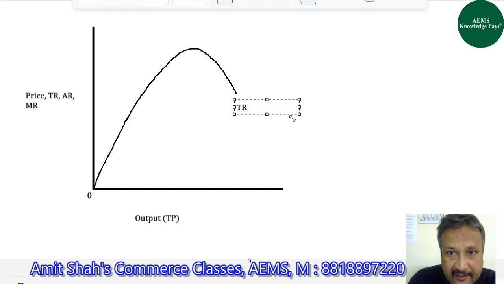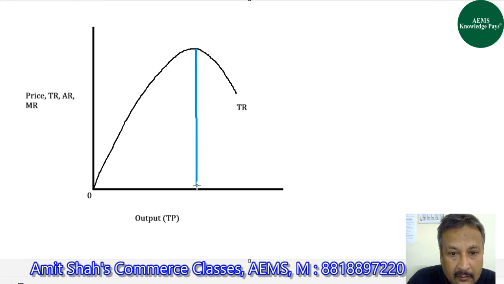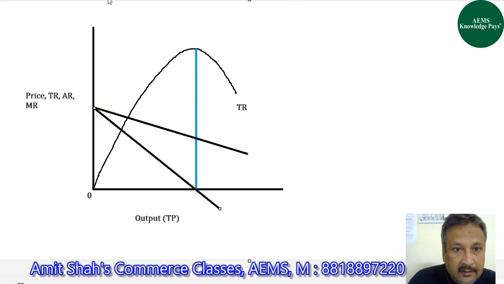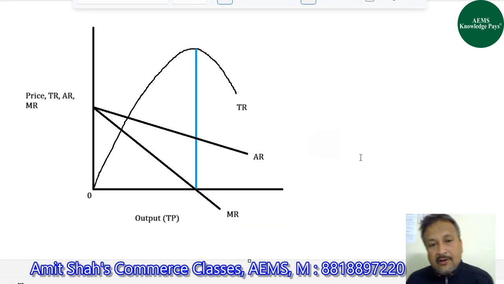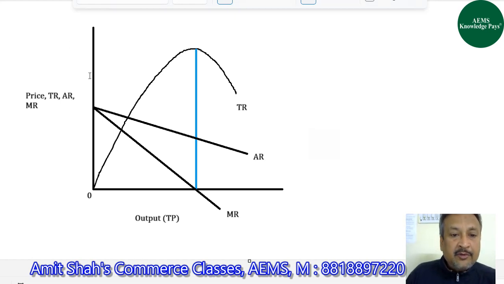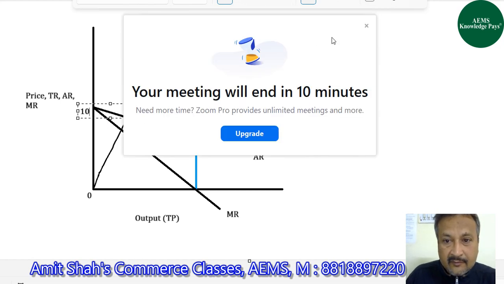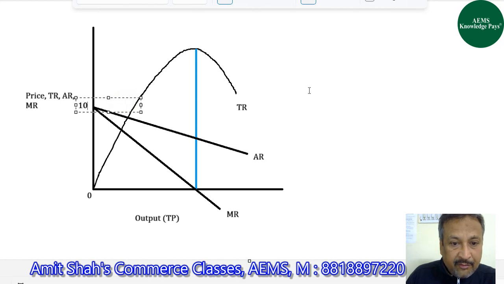Initially going up, upward sloping, and later it is downward sloping. This is AR and this is MR. Means AR and MR, they both start from the same point and they both have downward sloping curve. You can check this in your schedule. They both are starting from point 10.